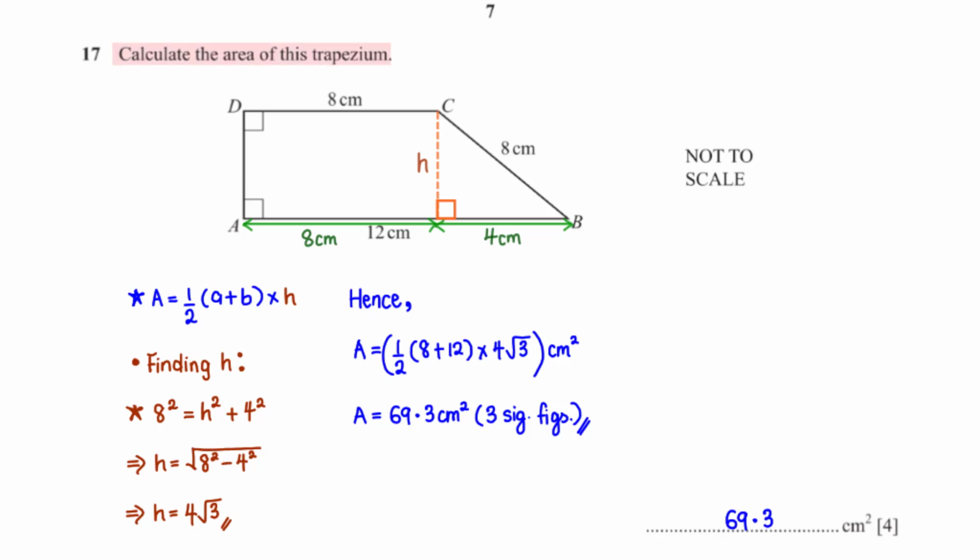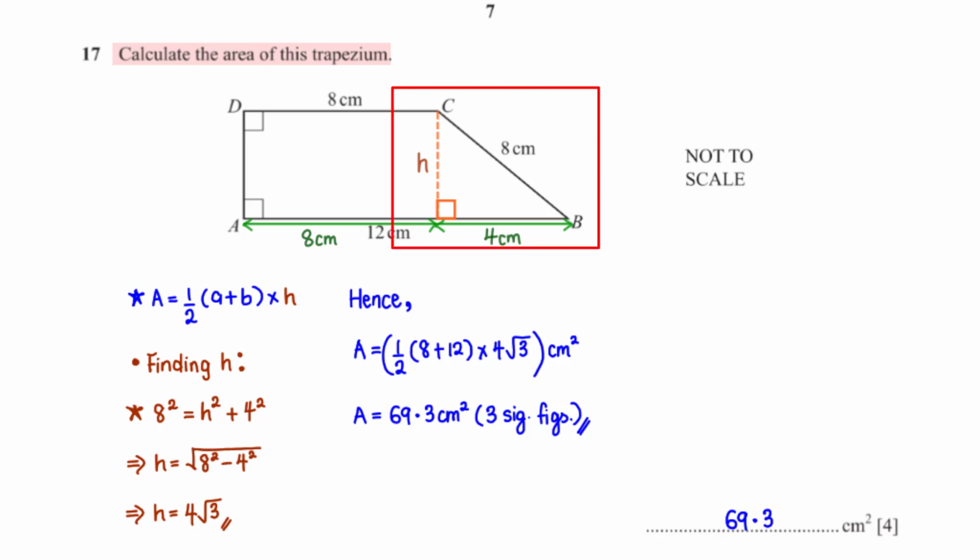Calculate the area of this trapezium. This is the formula for finding the area of a trapezium. a is the top length of the trapezium, which is 8 centimeters. b is the bottom length, which is 12 centimeters. We need to find the value of h. We have a right-angled triangle here.